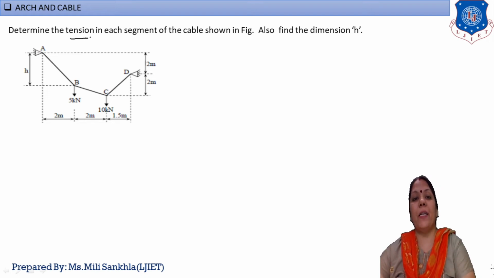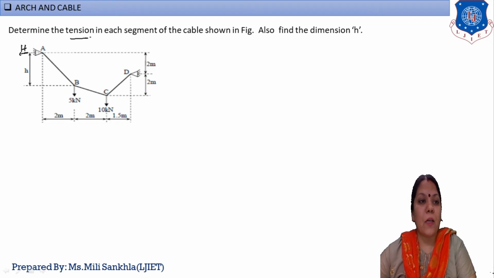First of all write here point A and this is point B. Mention here support reactions: this is our H and this one is our VA. Same here, H and vertical reaction VB.